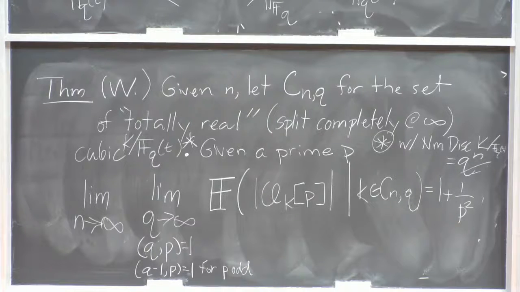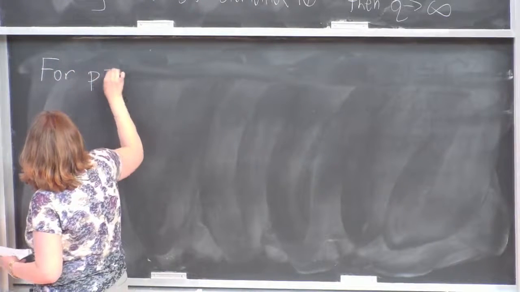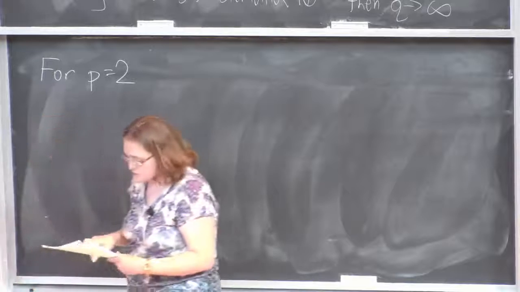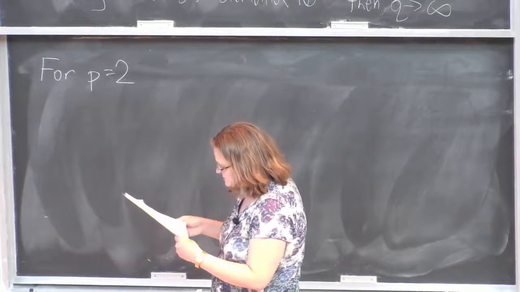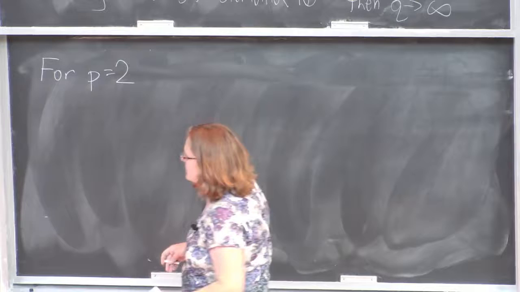but then the story is actually more complicated than this for two different kinds of reasons. So first, for p equals 2, well, here, maybe first let me say for p not equal to 2.